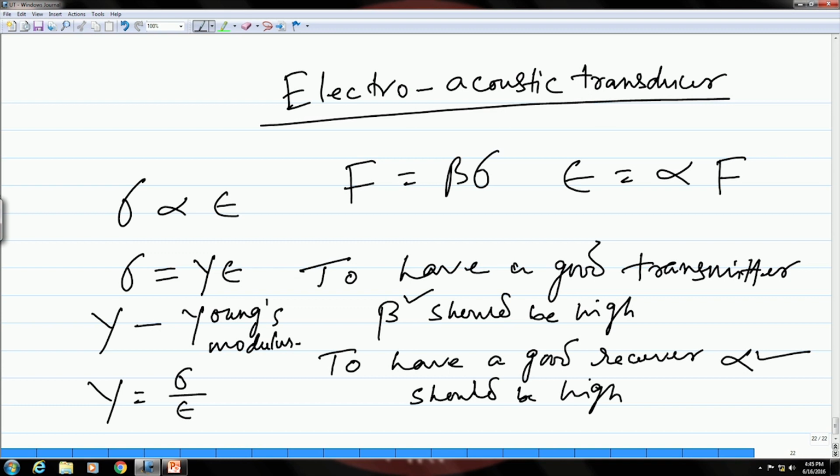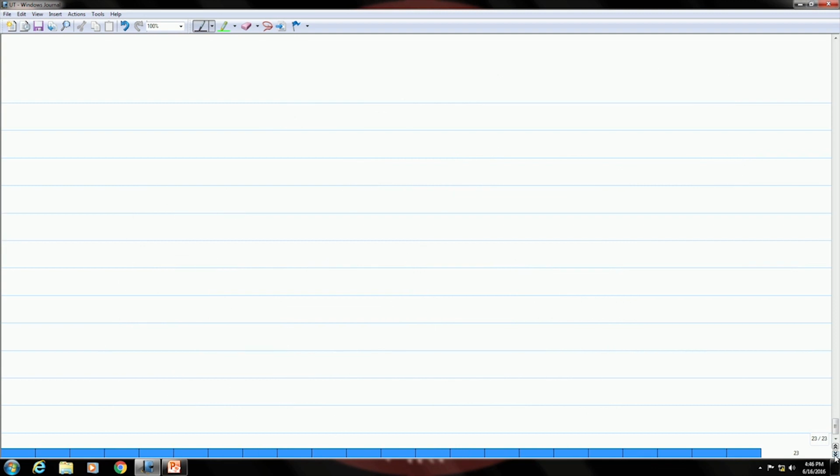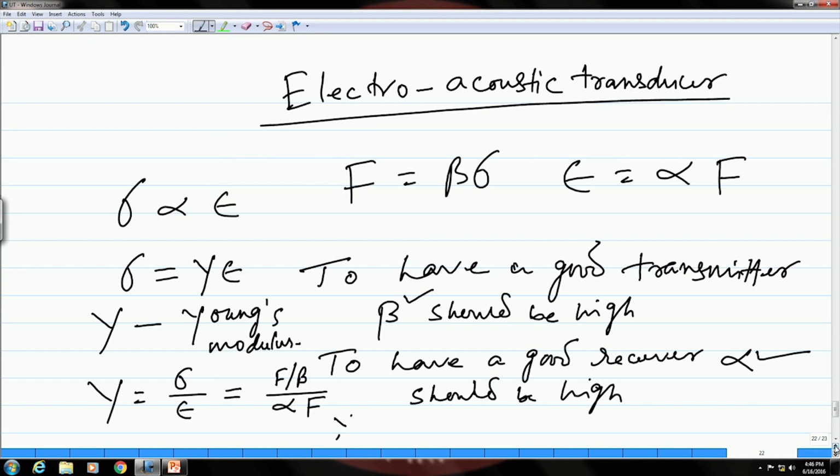Right. Now, if you replace sigma and epsilon in terms of the electrical signal f, this is what you will have. Okay. So, that means y becomes this, okay, as you could see from here.